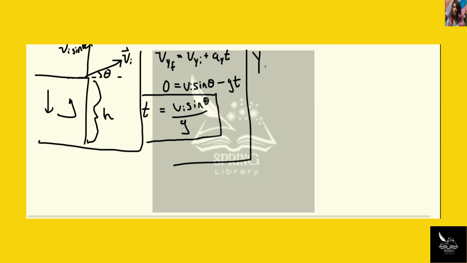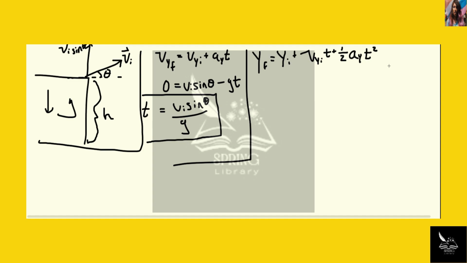We're going to use another lovely kinematic equation here: y final equals y initial plus Vy initial times t plus one half the acceleration in the y direction times t squared.